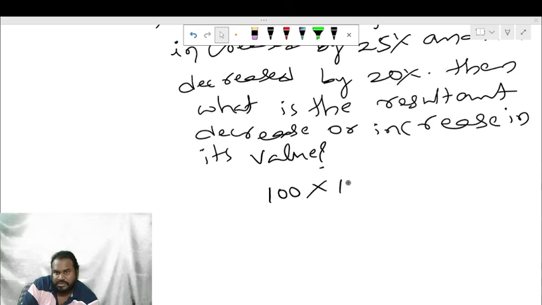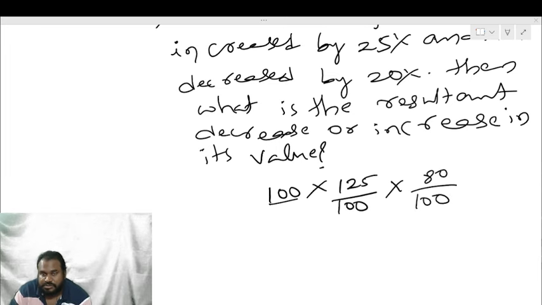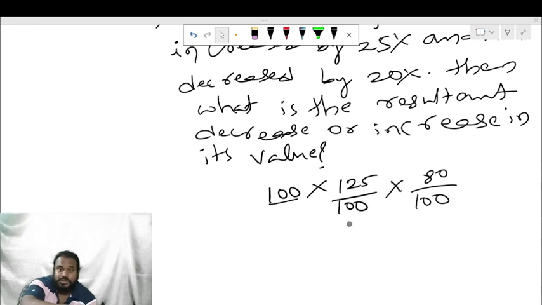I'm increasing it by 25%, so it will become 125 by 100 into 100. Next, decrease it by 20%, then 80 by 100. So whatever the amount you get, just calculate it.